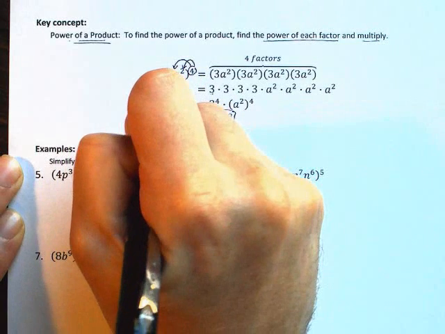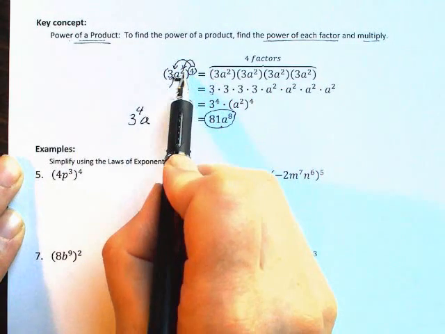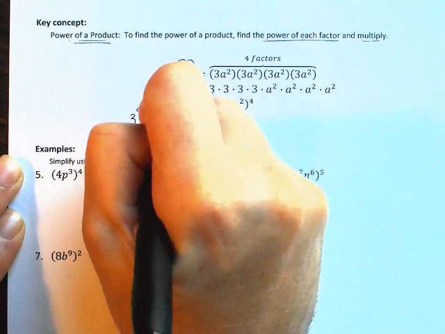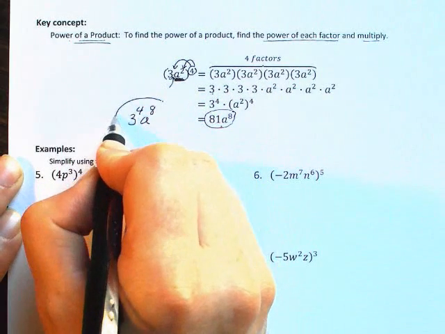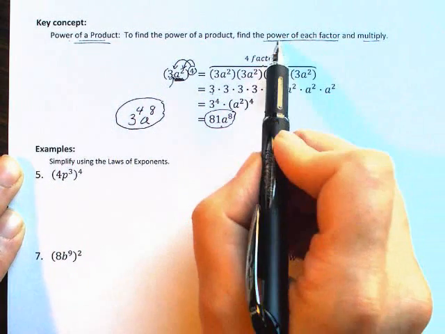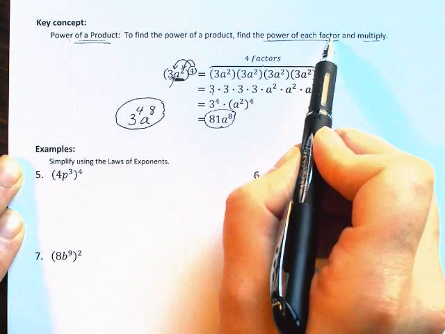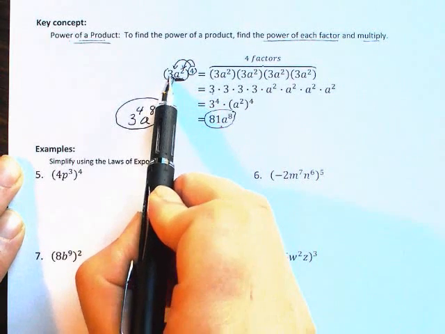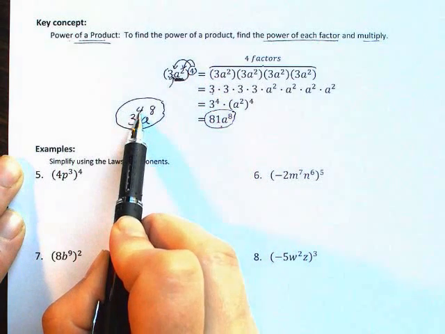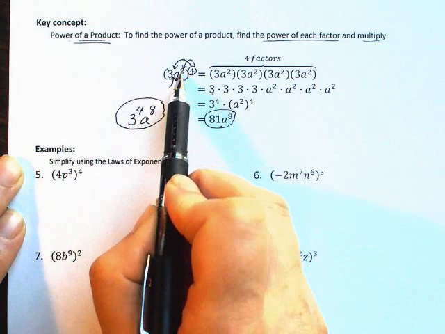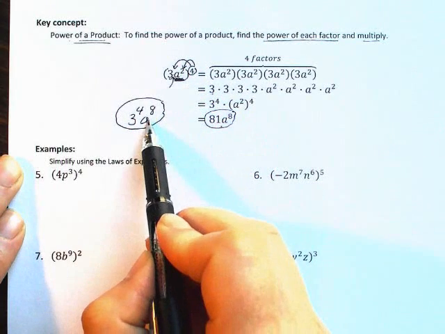And you can do that by multiplying the exponents together. 2 times 4 is 8. And so the idea is we can quickly get to that answer by finding the power of each factor. That is, taking the 3 and raising it to the 4th power, and then taking the a squared and raising it to the 4th power.